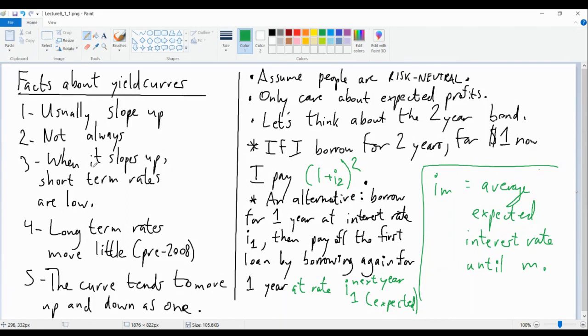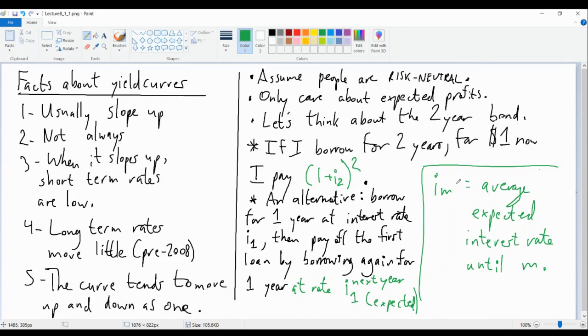Let's start from the bottom. Is this consistent with the fact that the yield curve tends to move up and down as one? Well, it is, right? If M is 1, the first year rate is just some number.